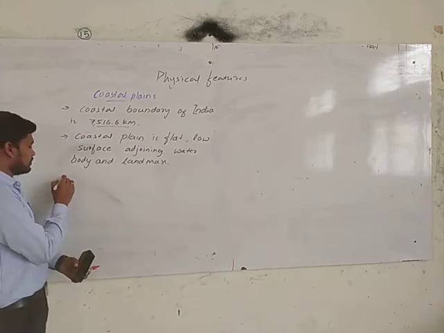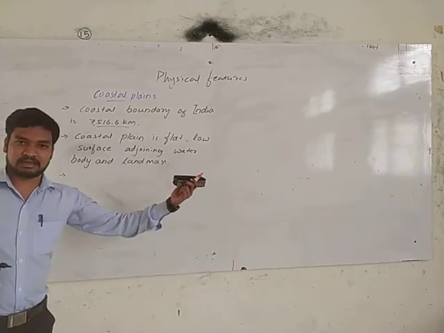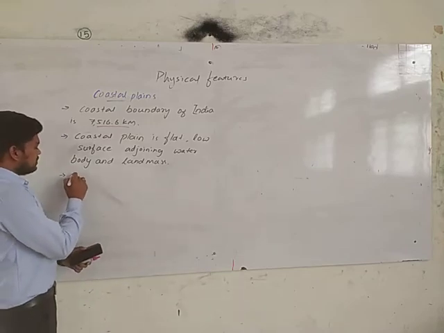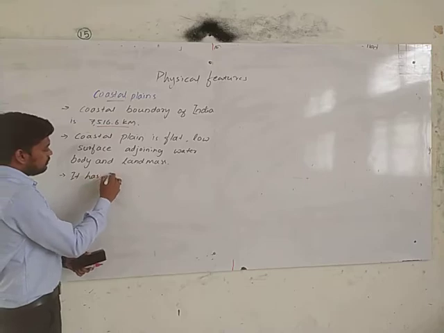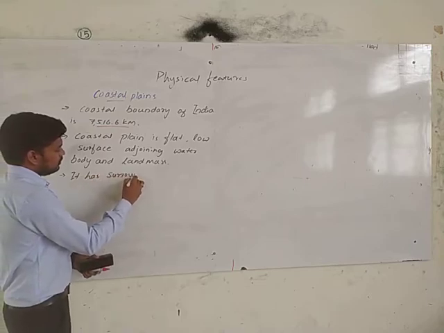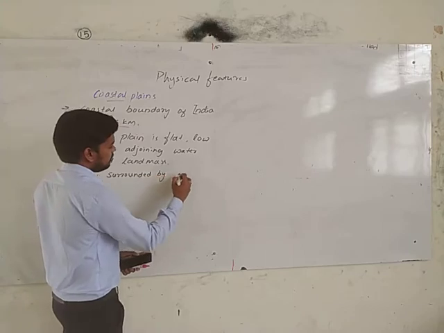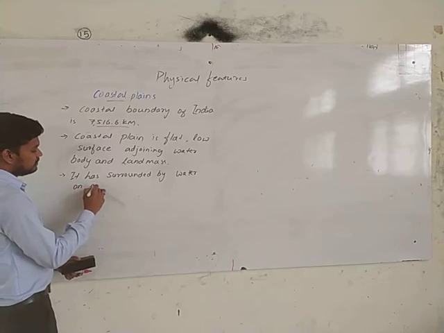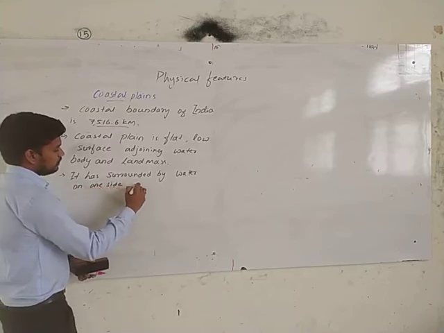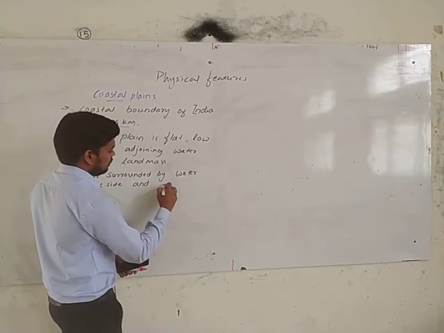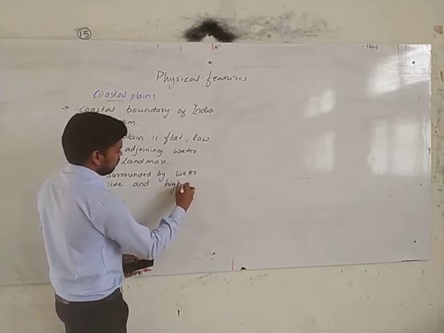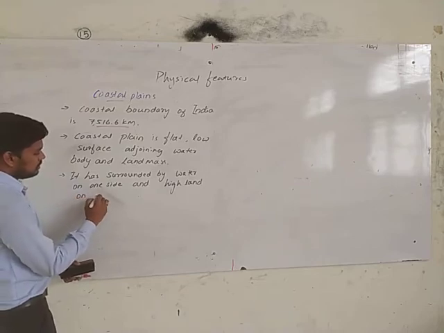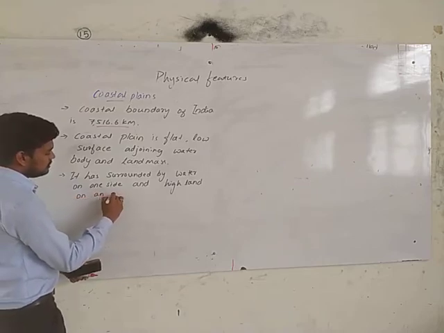We can have another one: the flat, low-lying surface area which is surrounded by water on one side and highlands on another side.